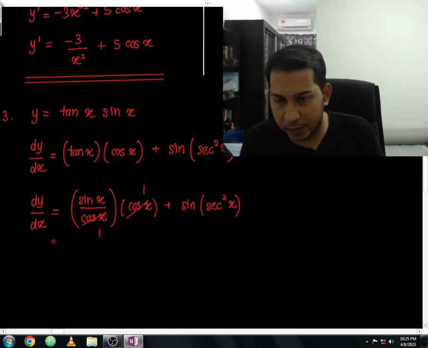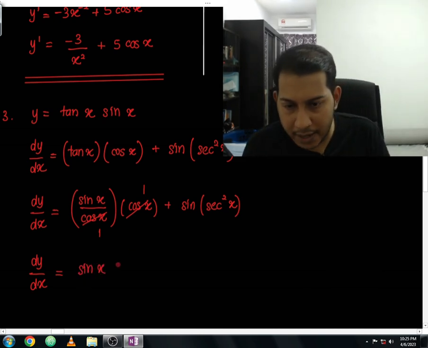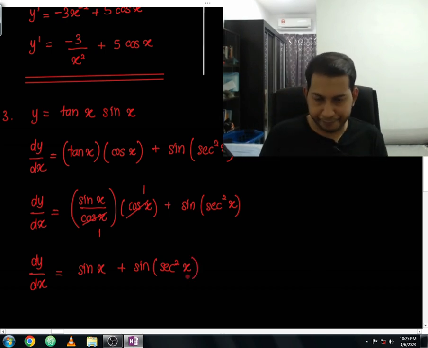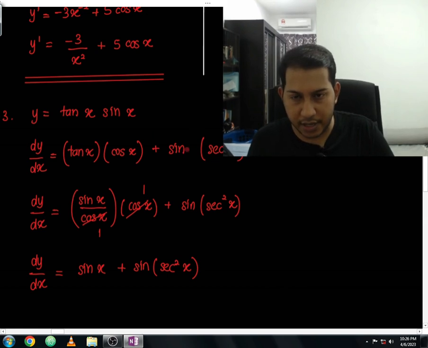So for the next step dy over dx will be equal to sine x plus sine x times secant square x. As you notice over here, by the way, before I forget, here you should have a sine x function.